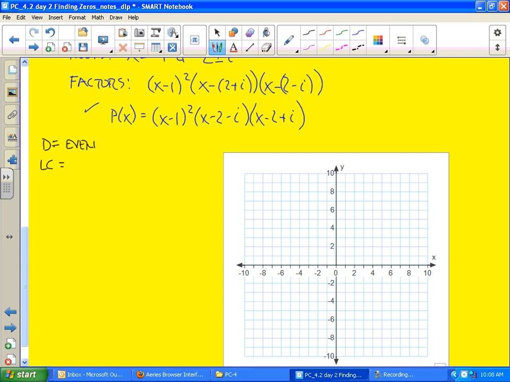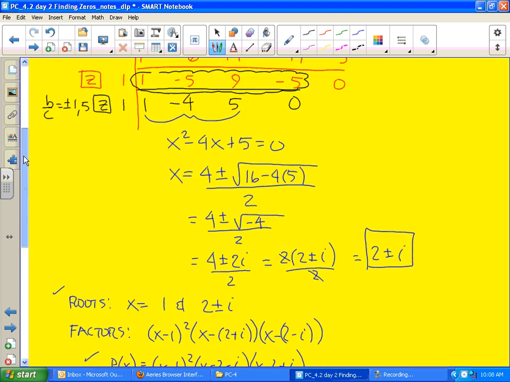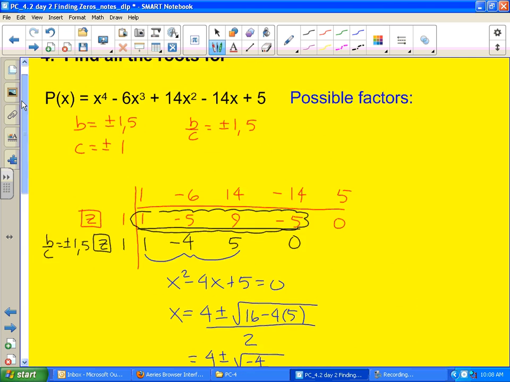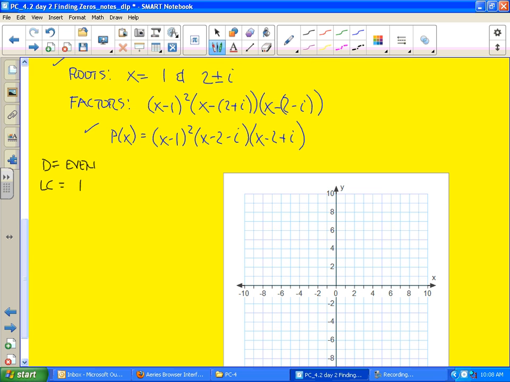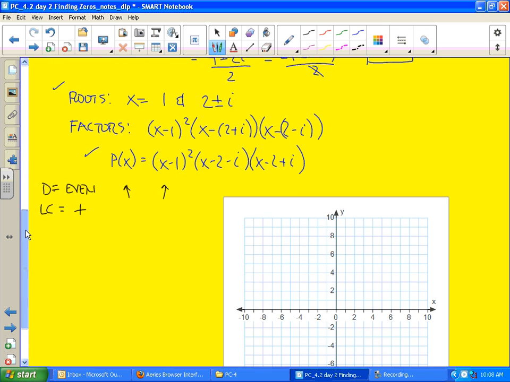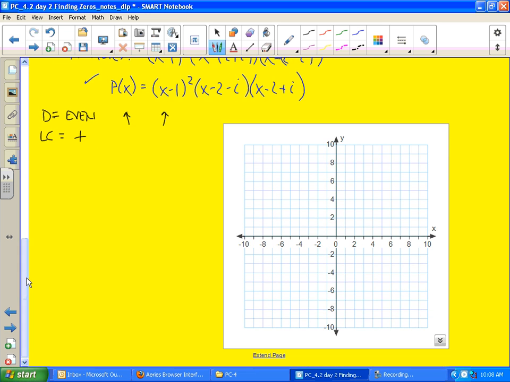My lead coefficient, I believe was a 2. Nope, it was a 1. And it's positive. So that means my shape starts up and ends up for an even function that has a positive lead coefficient. And it's only going through an x-intercept at 1, but it's bouncing off of that point.